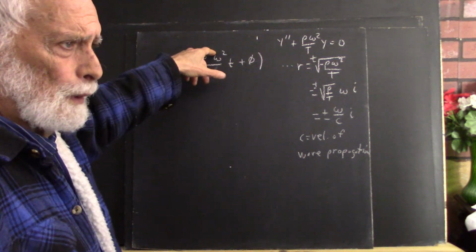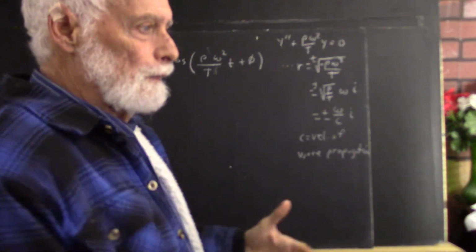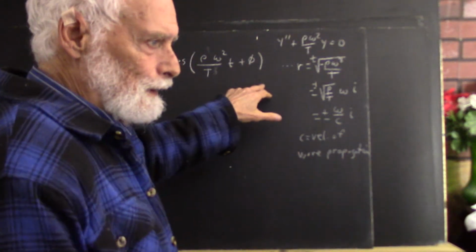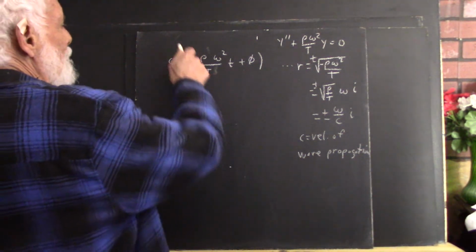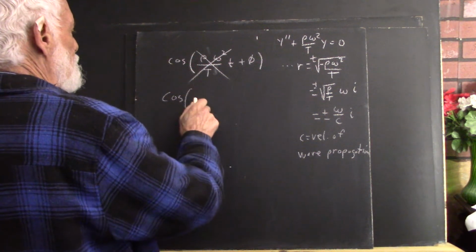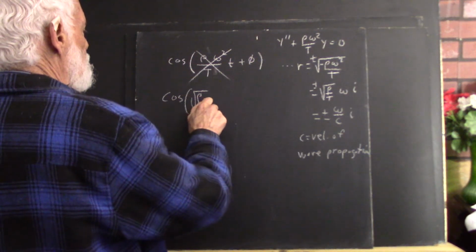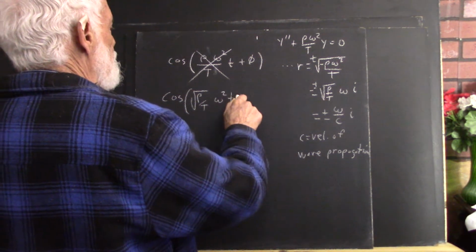I just didn't look at what I wrote. I went on and interpreted it in terms of wave velocity and so forth, but I had the wrong expression here. So this is wrong. It should be the cosine of square root of rho over big T omega squared T plus phi.